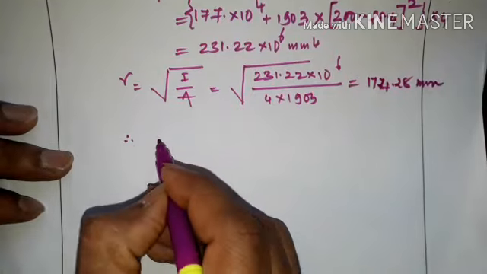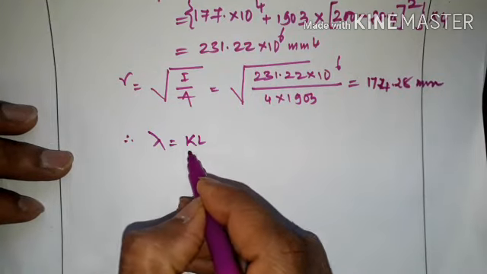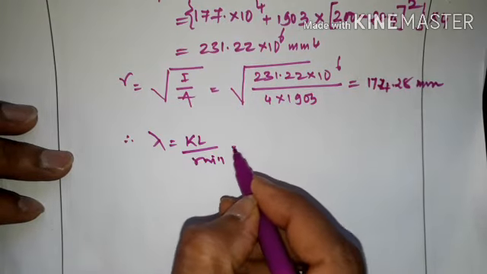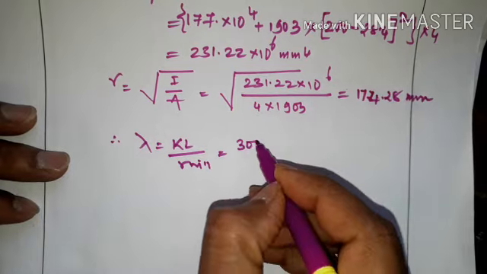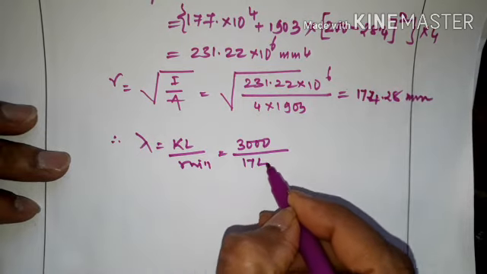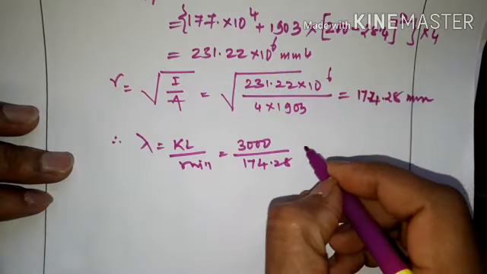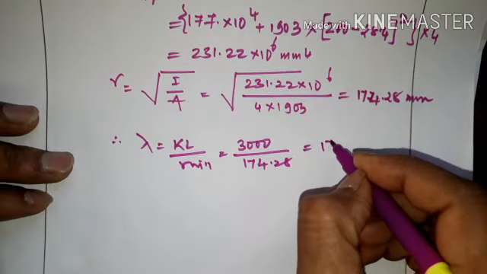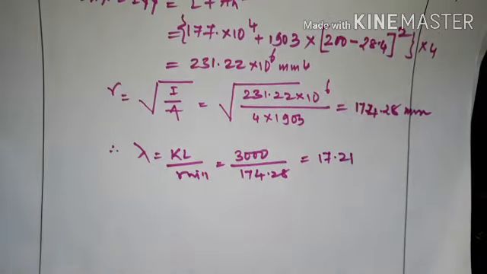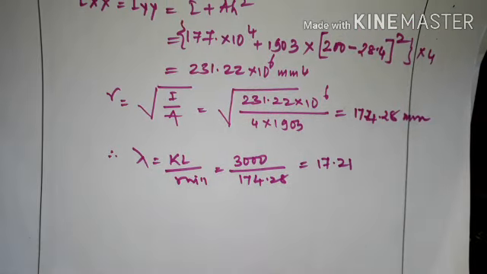Therefore lambda is equal to KL by r minimum. KL is 3000, r is 174.28. So we get lambda, the slenderness ratio, as 17.21.